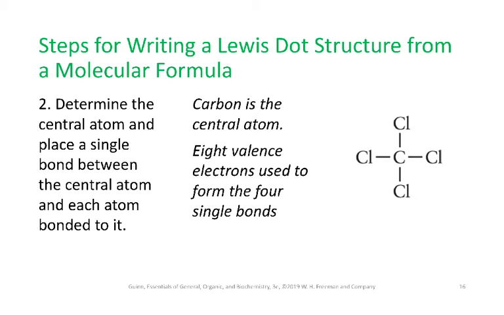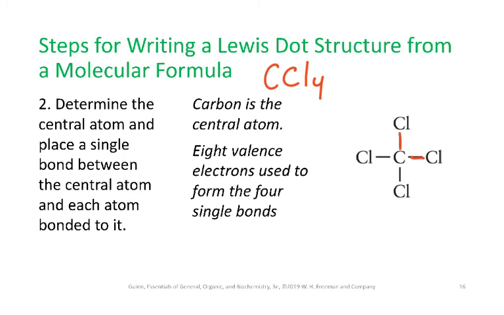determine the central atom and place a single bond between the central atom and each atom bonded to it. So typically, the atom that there's like one of is the central atom, and then it has like the other things around it, right? So here in CCl4, carbon is the central atom, and so we just put carbon in the middle, and then draw a single bond.